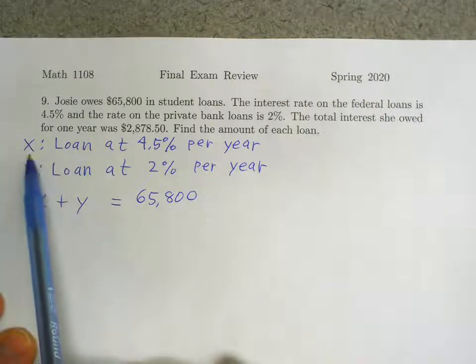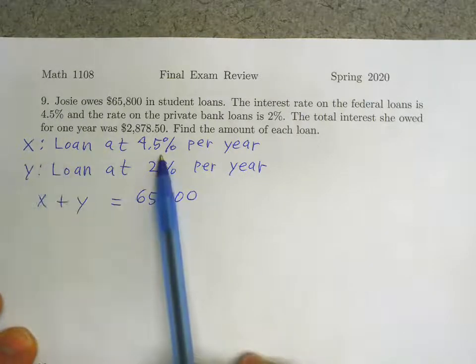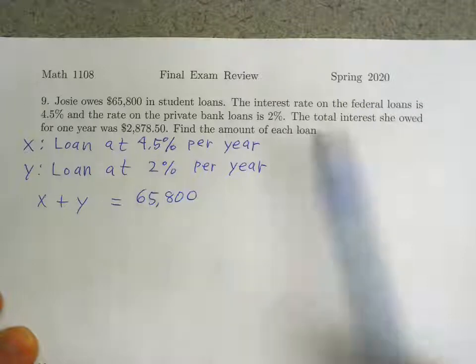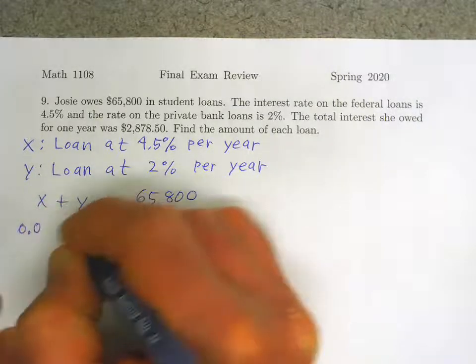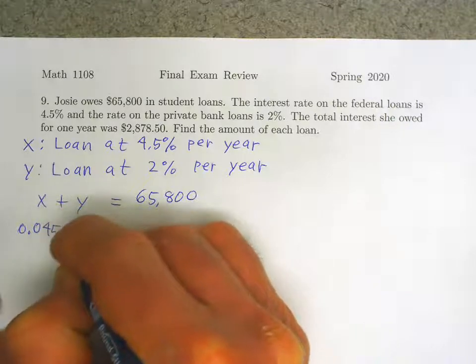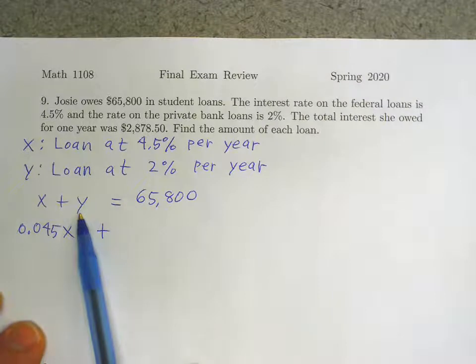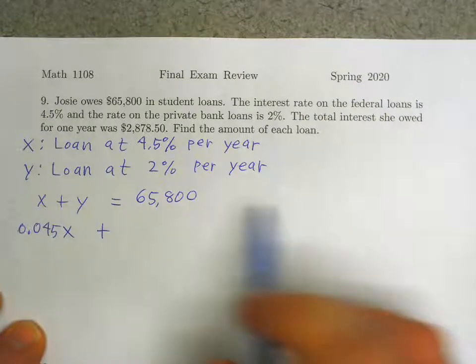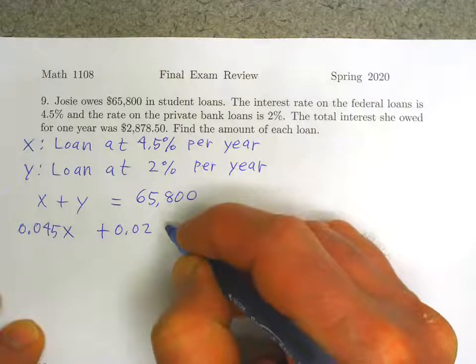So if x dollars is charged 4.5% interest per year, then after 1 year, the amount is 0.045 times x. We add that to the interest on y dollars. If it's 2% per year, after 1 year, it's 0.02 times y.